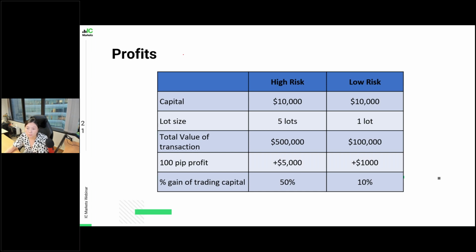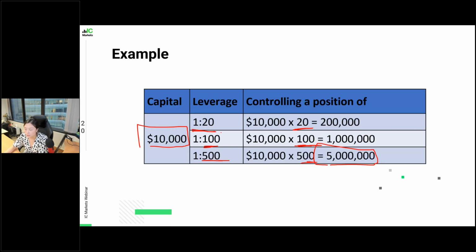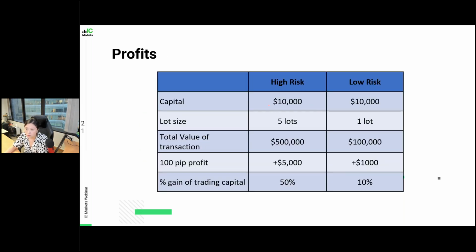What we are trying to portray here is that leverage is a double-edged sword. Imagine you put 10,000 in, 5 lots versus 1 lot. This is a higher risk because you play 5 times, essentially 5 times of this. This is 5 lots versus 1 lot.